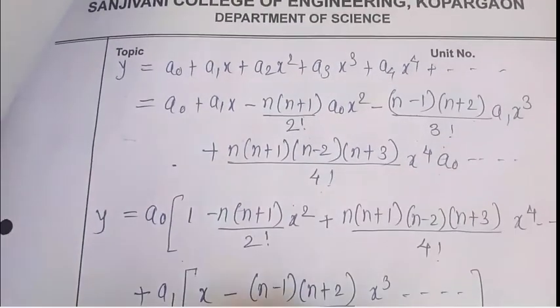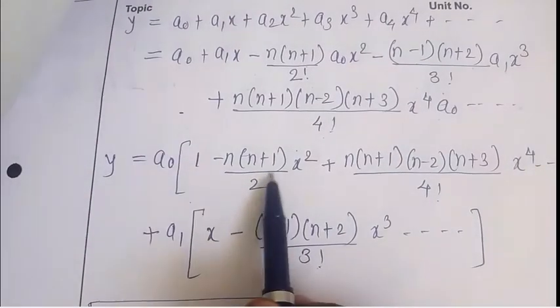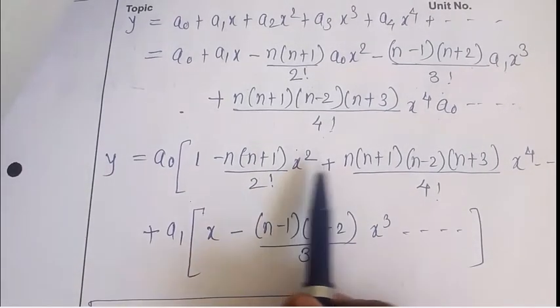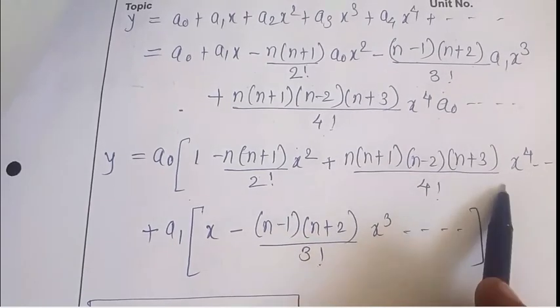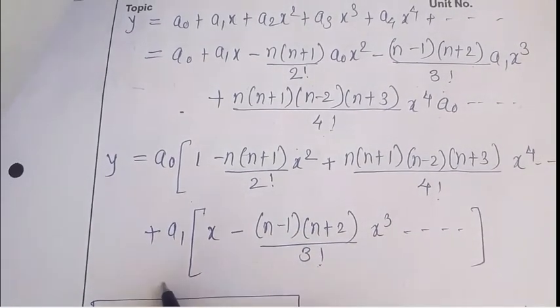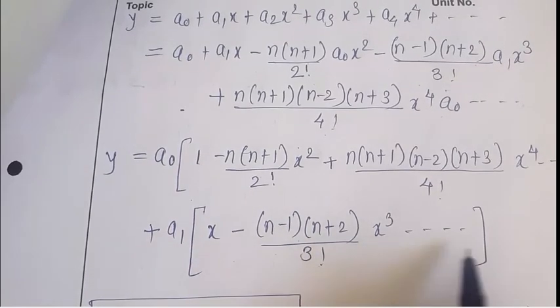So y can be written by taking a0 common, we get one bracket, and a1 common, we get another bracket. So a0 times 1 minus n(n+1)/2 factorial x squared plus n(n+1)(n-2)(n+3)/4 factorial x to the power 4 and so on, plus a1 times x minus (n-1)(n+2)/3 factorial x cubed and so on.